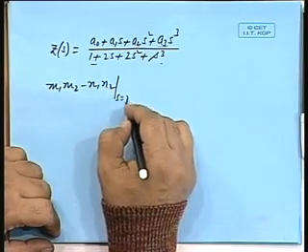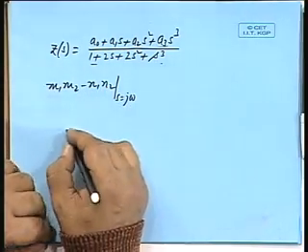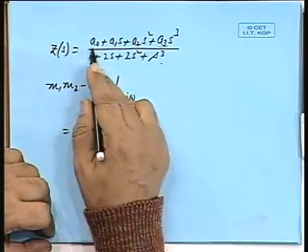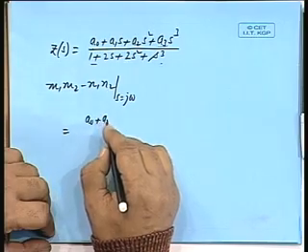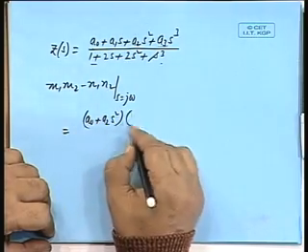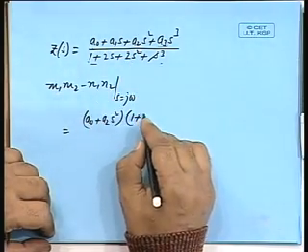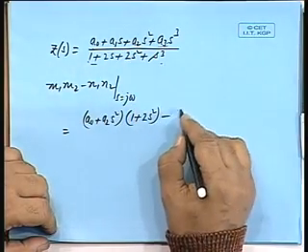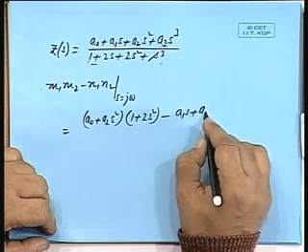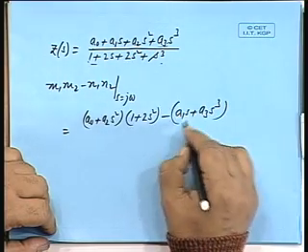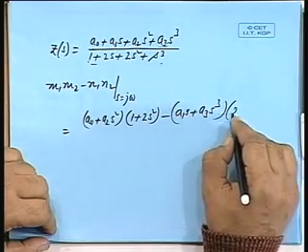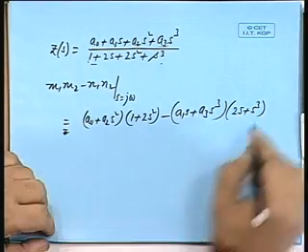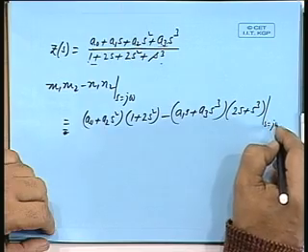At s equal to j omega, it will be the even part, m1 is a0 plus a2 s squared, into 1 plus 2 s squared, minus a1 s plus a3 s cubed, is it all right, into 2s plus s cubed, at s equal to j omega. Is that okay?